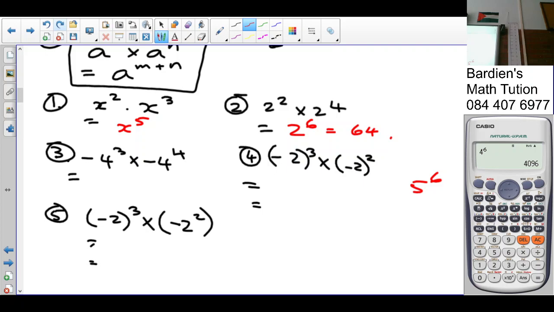Alright. Let's look at number 3. You guys finished with number 3? Okay, so what's the answer here? Positive 4 to 7. Who says positive 4 to 7? It's correct. Why?